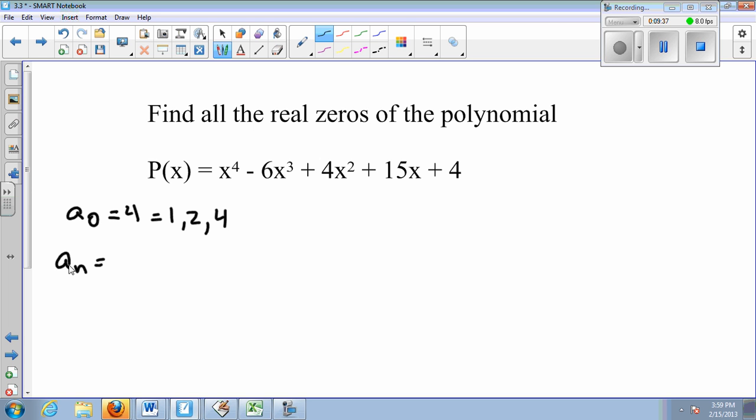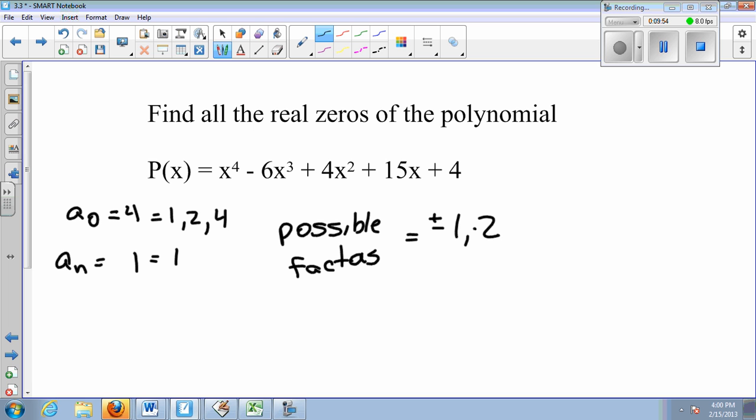A sub n is 1, and 1 is 1. So our possible factors, and we always go positive and negative, are plus or minus 1, 2, and 4.